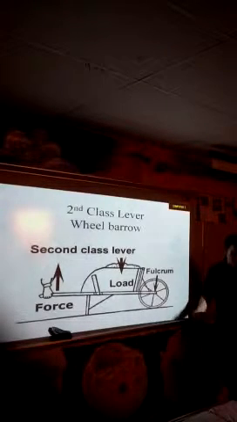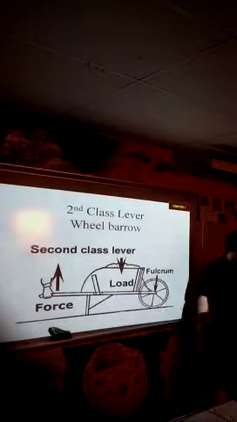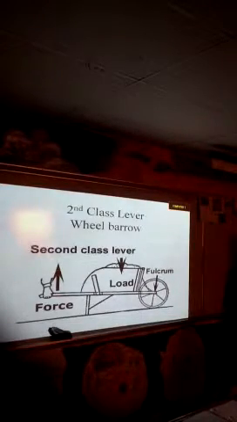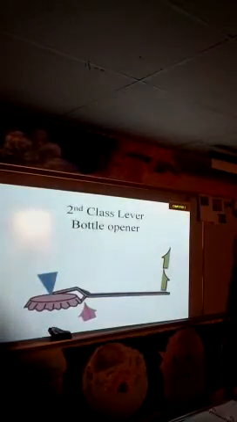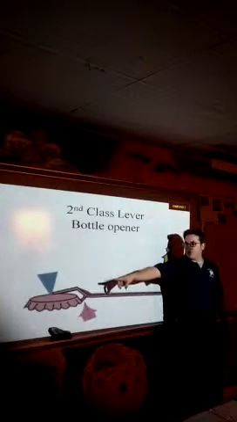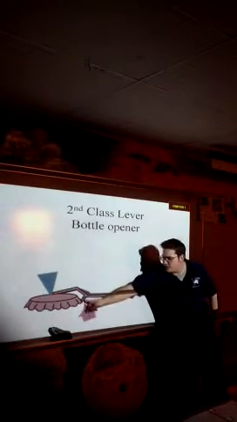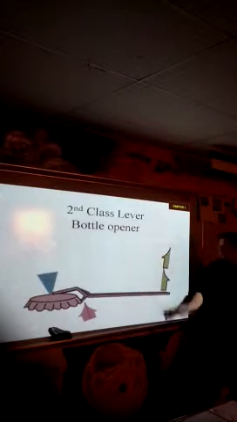When I pick it up, where does the load go? The same direction. Bottle cap opener. As you saw before, the fulcrum's all the way at the tip. The work output is this tooth part underneath the lip.